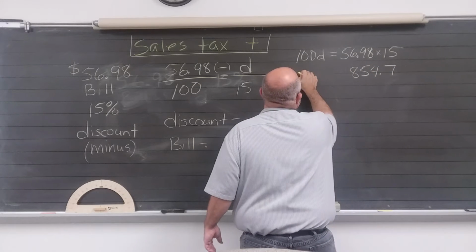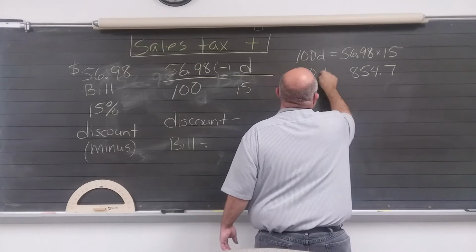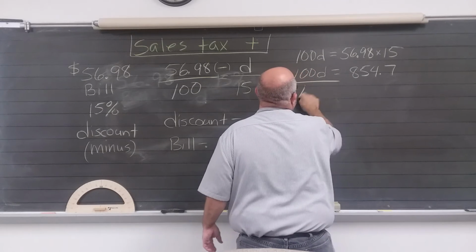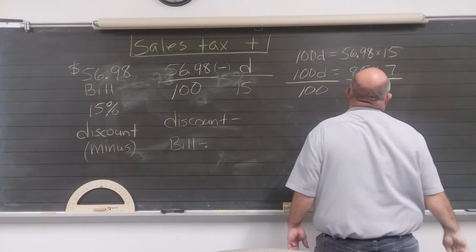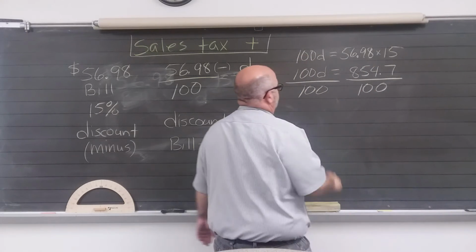So now you have 100D equals that, divided by 100, right? Divided by 100 is going to give you what?